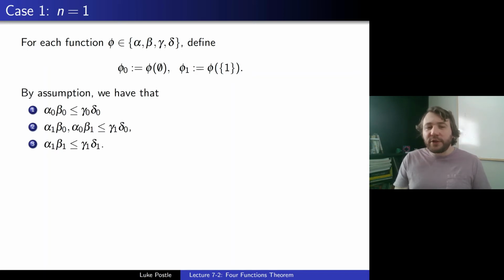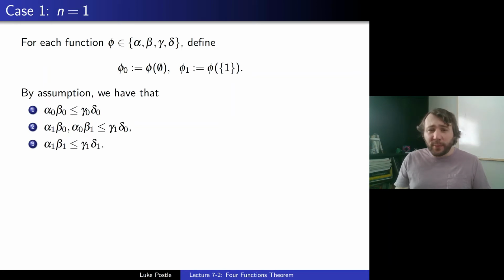Well, our assumptions are, if you go through the different possible sets for A and B, we have that alpha 0 beta 0 is at most gamma 0 delta 0. Alpha 1 beta 0 and alpha 0 beta 1 are at most gamma 1 delta 0, and alpha 1 beta 1 is at most gamma 1 delta 1. So when A and B are empty, you get the first inequality.